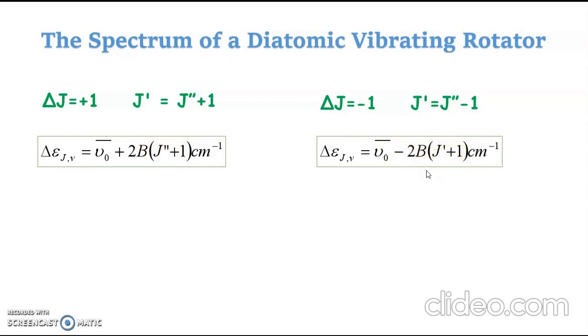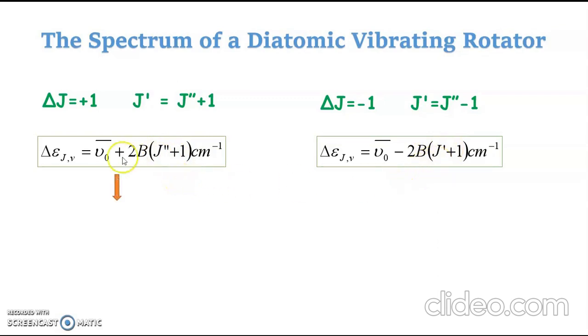We know the frequency of rotational transition is 2B into J plus 1, where J is the lower rotational quantum number. Here J double prime will be the lower rotational quantum number, here the J single prime will be the lower rotational quantum number.